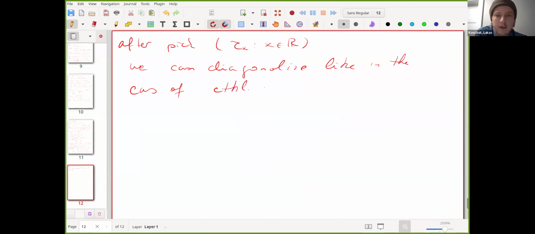But how can you diagonalize in omega many steps? In the other case, you already had the sets, right? Here you kind of have to build it. Maybe we'll talk about it next time. It's already too late. But basically, you have to do the same thing we did there.